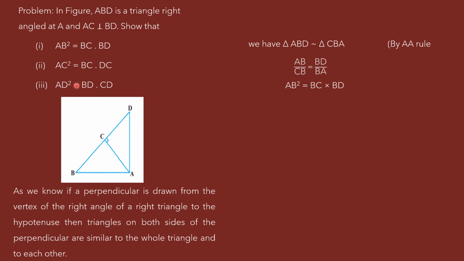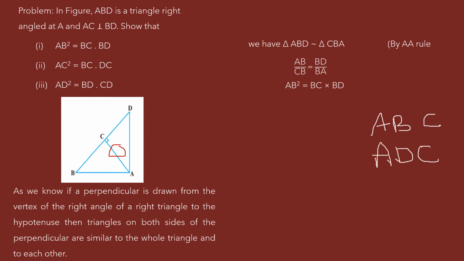In a similar way, to prove AC square is equal to BC into DC, I should take the two triangles which include AC as one of their sides. This is the AC. Therefore the two triangles are ABC and ADC.